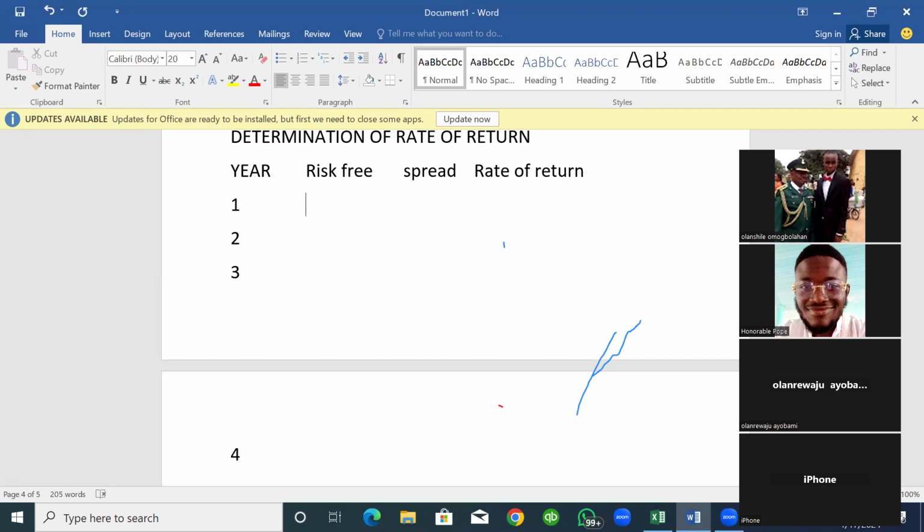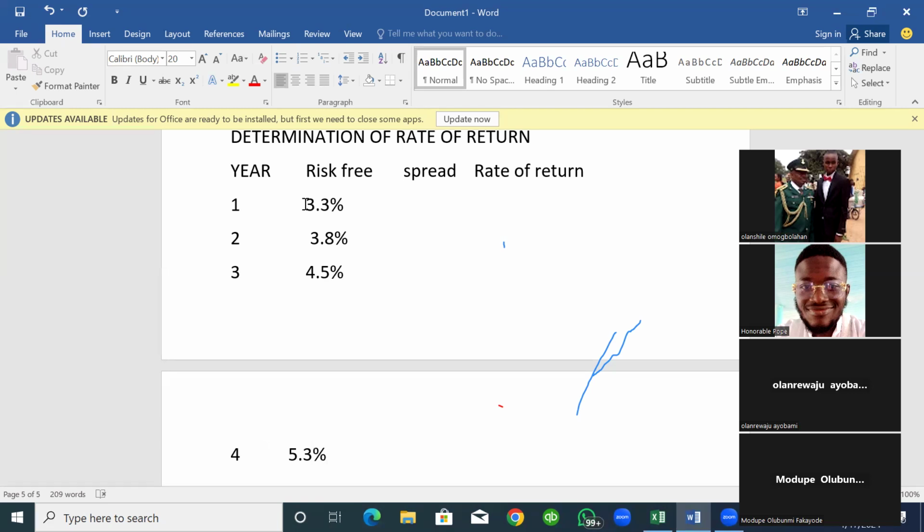The first one is 3.3% for year one. For year two, it is 3.8%. For year three, it is 4.5%. And for year four, it is 5.3%.